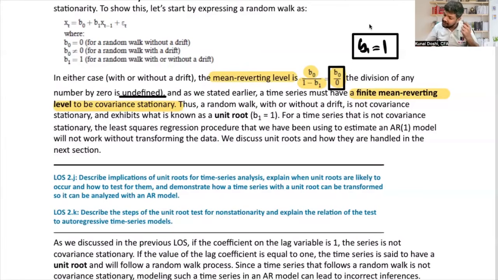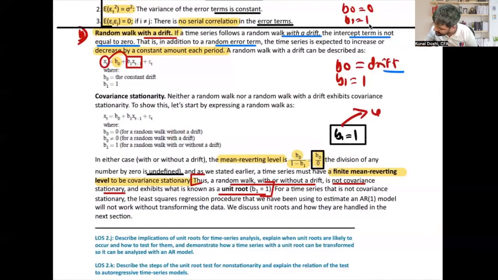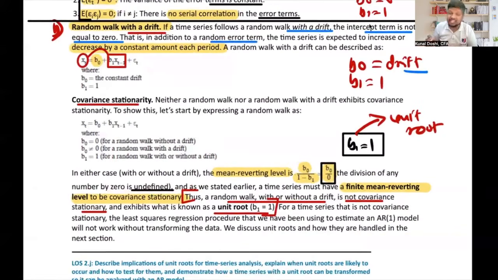If this is the case, can we use the equation, guys? No. Therefore, a random walk with or without drift is not covariance stationary. This is because B1 is equal to 1. This concept is called unit root. Everyone in the class, what is this B1 equals 1 issue called? It is called unit root. For it to be covariance stationary, there should be a finite mean reverting level.